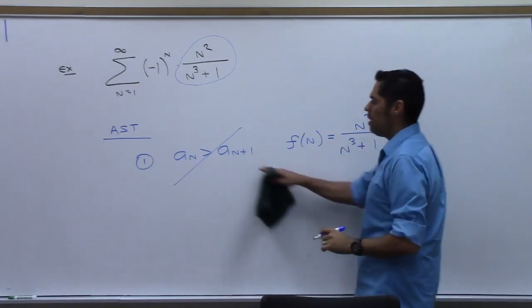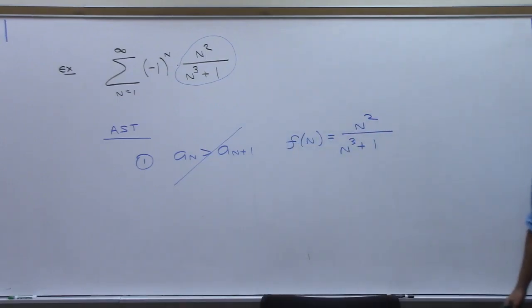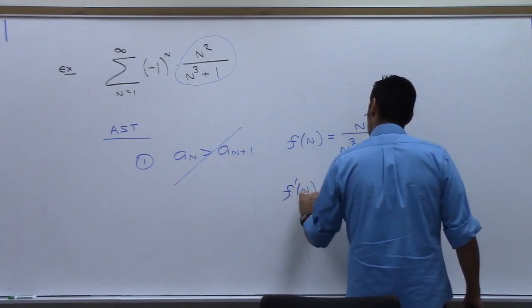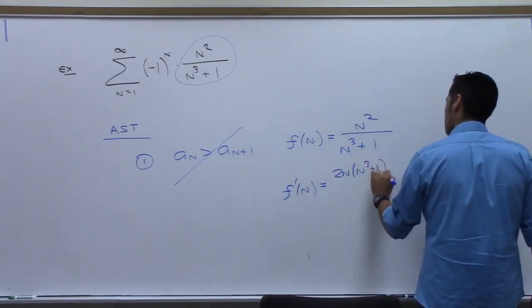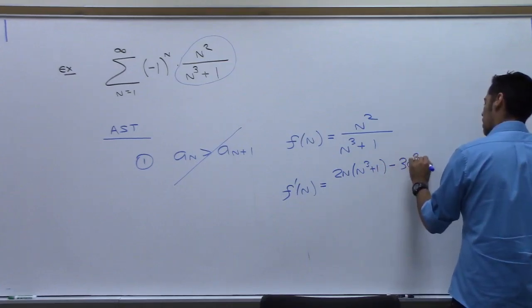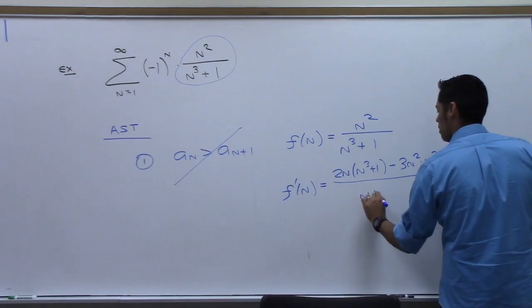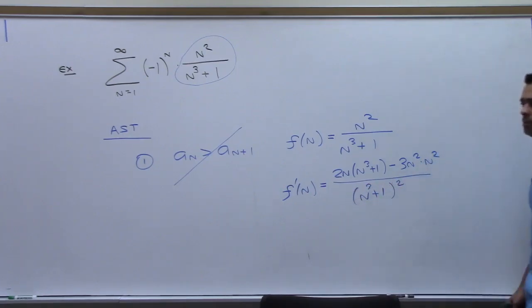The inequality would probably work out, but I can do a derivative faster, I think. What's the derivative of this? Plus, it's good practice. It's 2n times n cubed plus 1 minus 3n squared times n squared, over n cubed plus 1 squared. Quotient rule: derivative of the top times the bottom minus derivative of the bottom times the top.